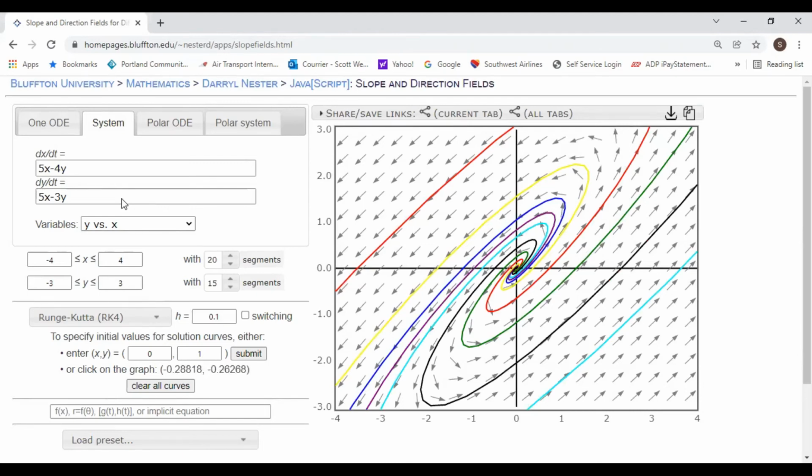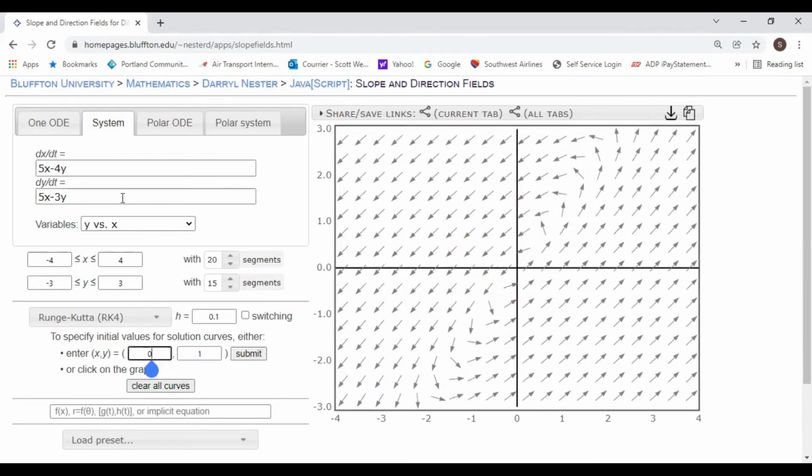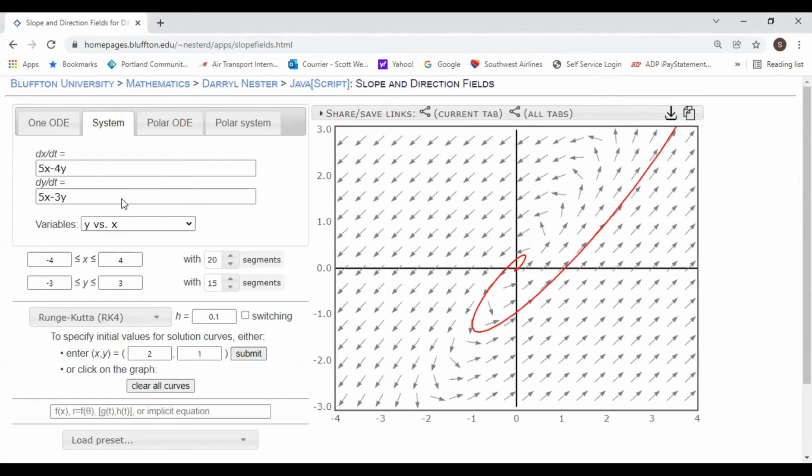Notice they're spiraling in this sort of elliptical manner with a slant to it. And if we clear all our curves here and we put in the initial conditions that we were specifically given, 2 and 1, then what we get should actually correspond to the specific solution that we found by solving and plugging in the initial condition.